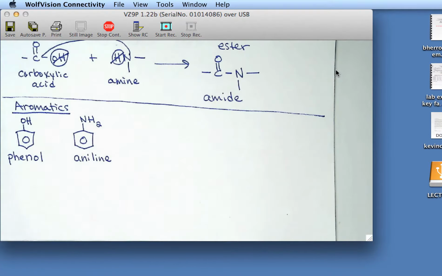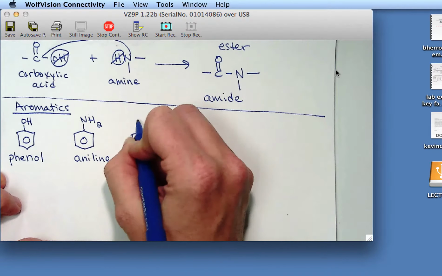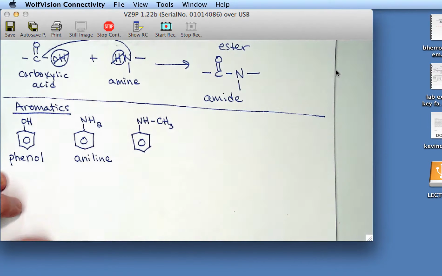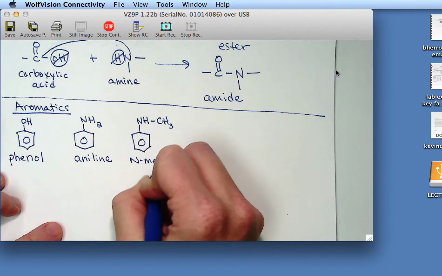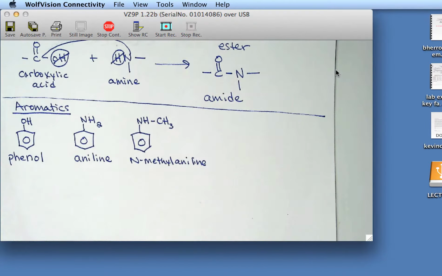Now, aniline can have a lot of different looks. This is aniline. This is also aniline. So this is N-methyl aniline. Or you could have N,N-dimethyl aniline. Right, I know, it throws you for a loop. But now you're prepared. You're going to get it.